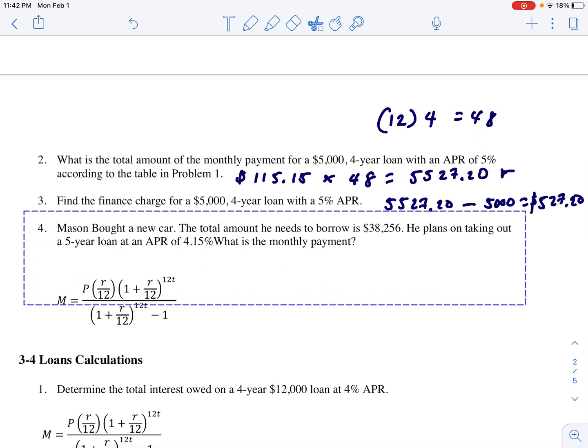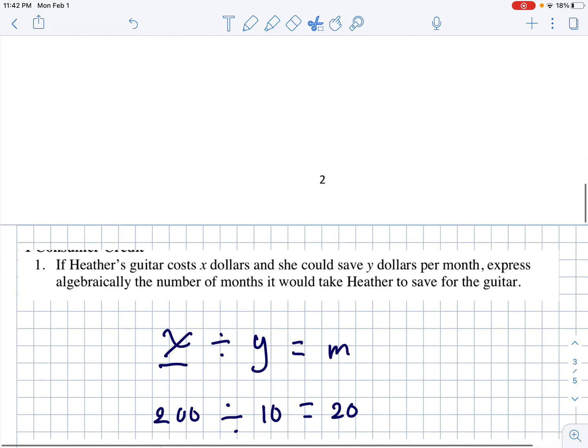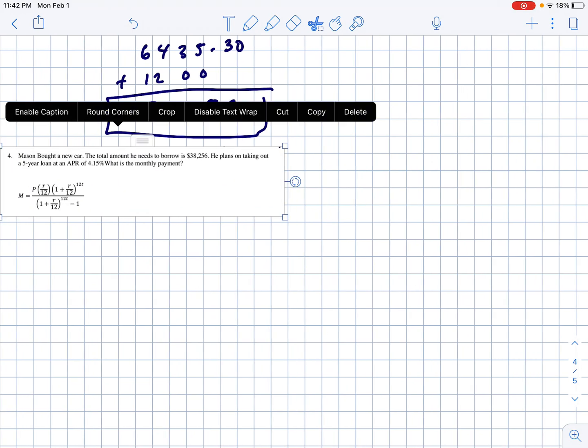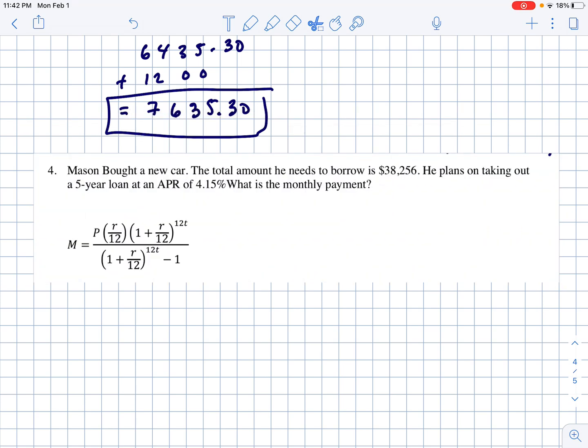We're going to use this formula in here. Give myself some more room. Okay, so it says Mason bought a new car. The total amount he needs to borrow is $38,256. He plans to take out a 5-year loan at an APR of 4.15%. What is the monthly payment? So here's our formula for monthly payment.